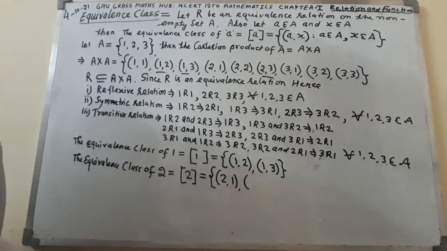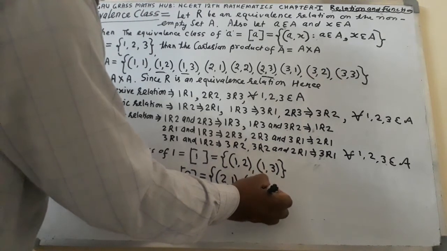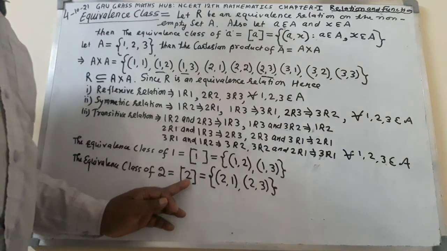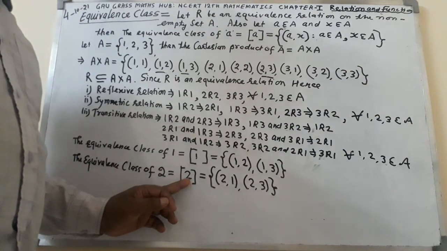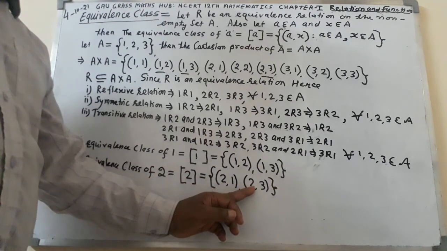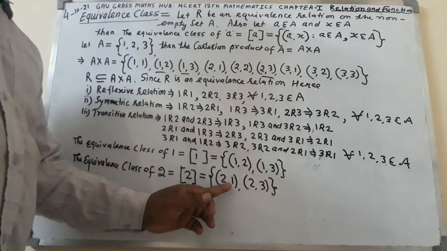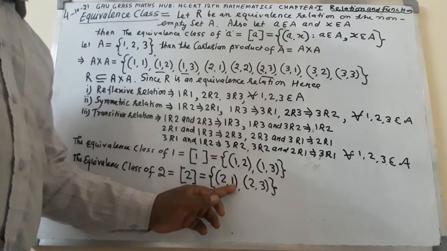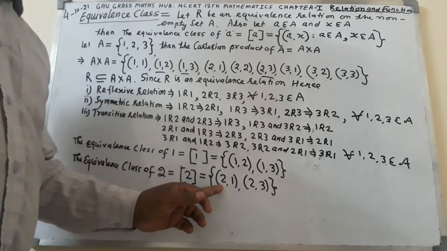Next ordered pair, first element will be 2, 3, curly bracket close. So here you can see the equivalence class of 2. First element of the ordered pair must be 2, and also here first element of this ordered pair must be 2, and the second element of the ordered pair must be different from 2.